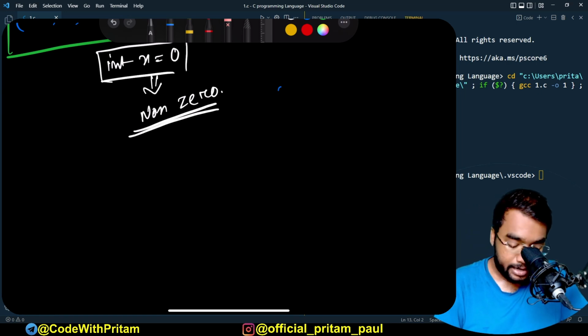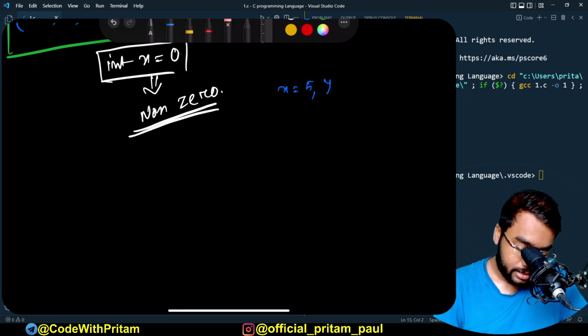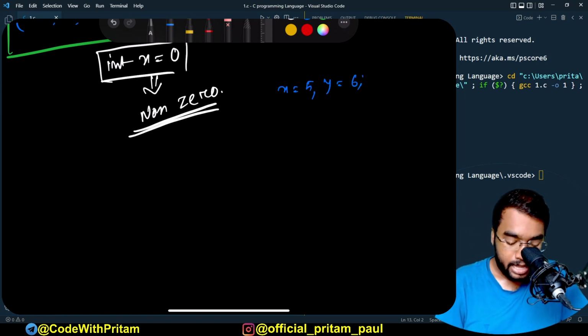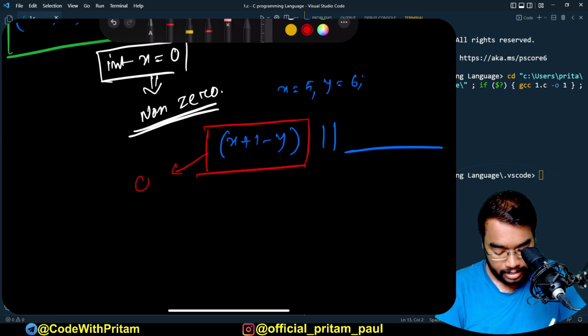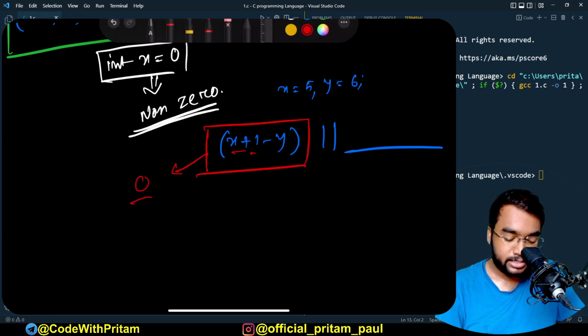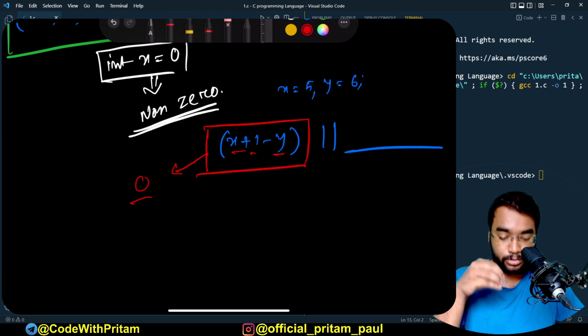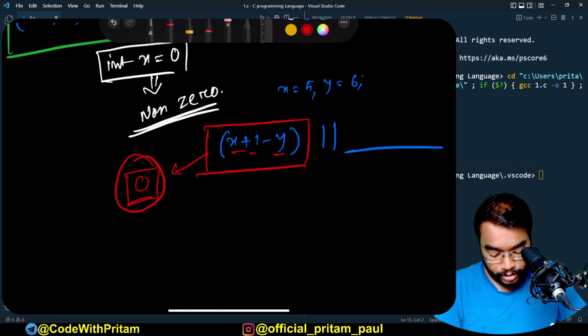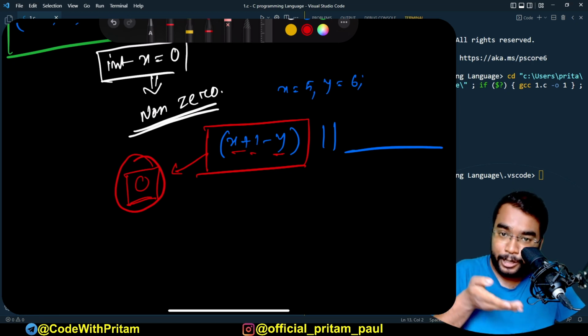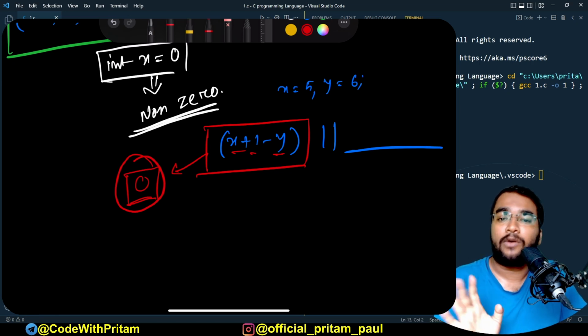The same thing applies for the expression also. For example, if I write x equal to 5, y equal to 6, and I write x plus 1 minus y, this is an expression, then logical OR, and this is another expression. Obviously this expression is going to return the value 0, because x plus 1 is 5 plus 1, which is 6, minus 6, which results in 0. As the expression is returning a zero value, that means it is false.